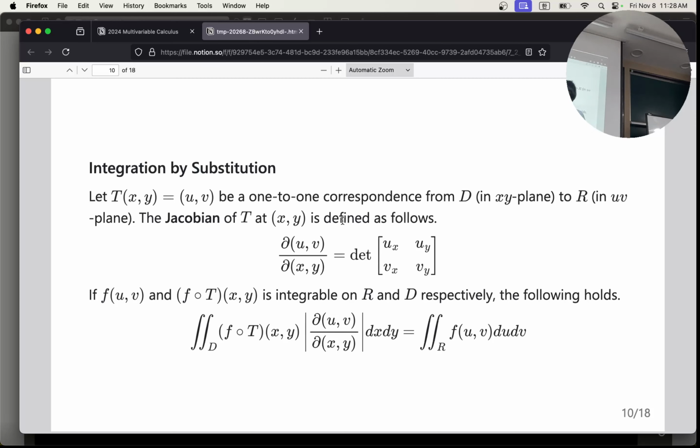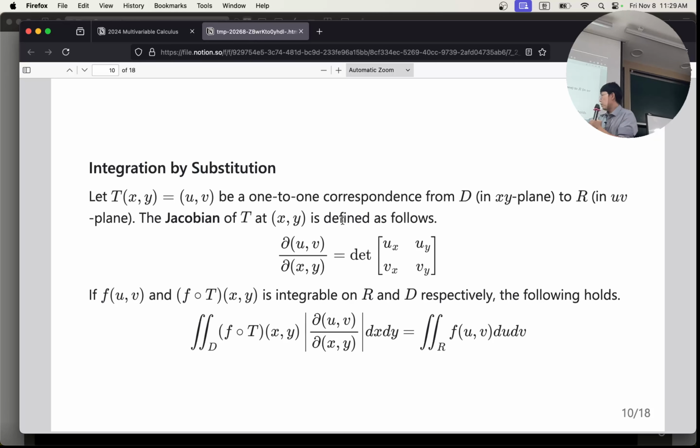So that's the catch. You can simply change your function from being in terms of uv to being in terms of xy by substituting T, because T is a one-to-one correspondence. Anytime you pick a u, v, you can identify a unique point x, y that corresponds to it. So it doesn't matter whether you pick uv to compute f or xy to compute f, because you can send xy to uv and then compute f.